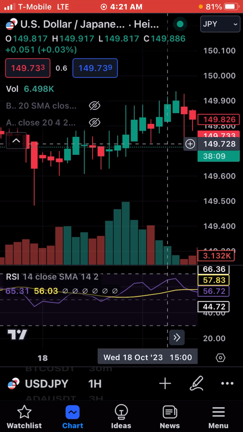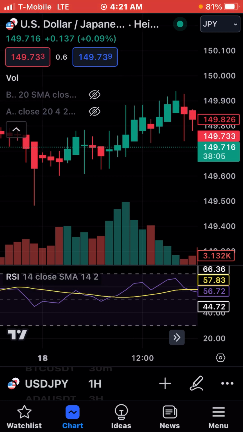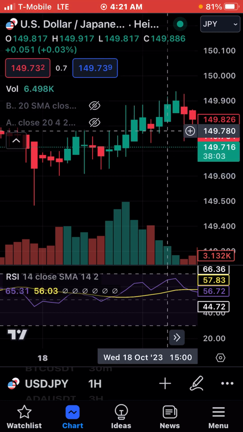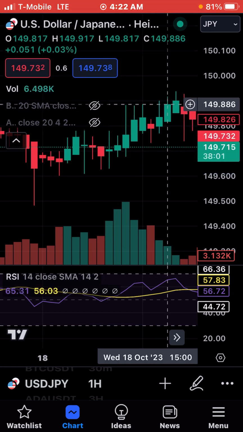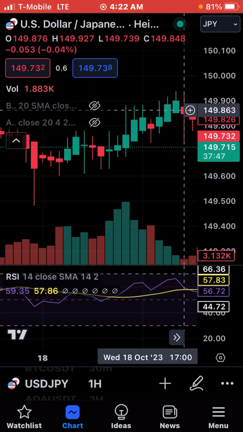Now, moments like this, we see this wick is good, but then all the wicks are about the same length. So this to me is a resistance area. When you see all the wicks and they have not gone any further, that to me shows a resistance area.